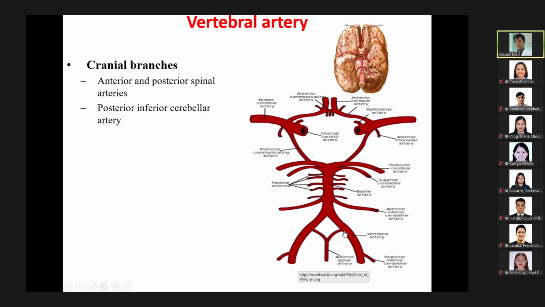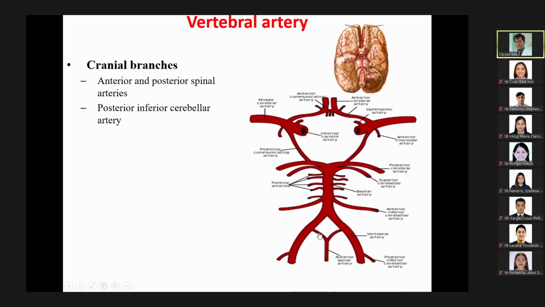The branches that form the anterior spinal artery, coming from each side of the vertebral artery, will unite to form a single anterior spinal artery. But your posterior spinal arteries will not unite as one, and they will proceed downward as two separate arteries along the posterior side of the spinal cord.